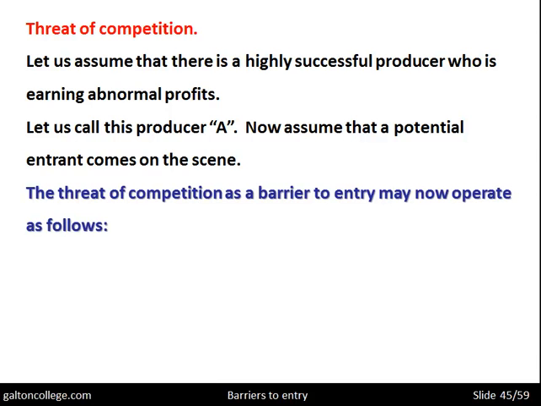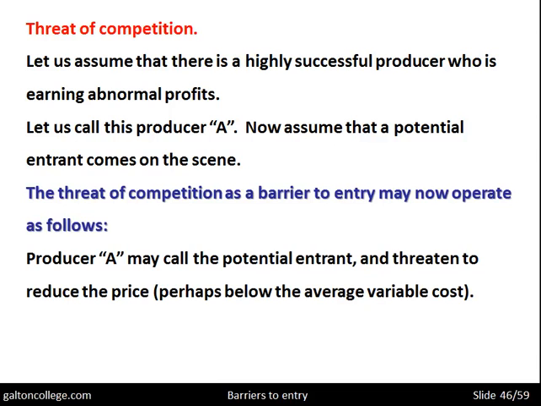Now, the threat of competition as a barrier to entry may now operate as follows. Producer A simply makes a phone call to the potential entrant and threatens to reduce the price, perhaps below the average variable cost.